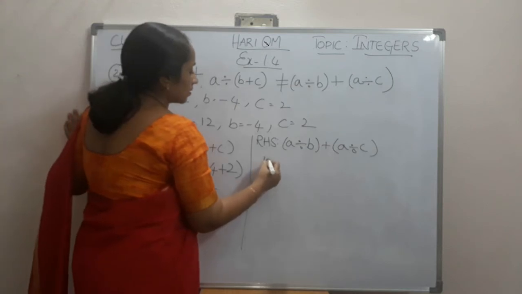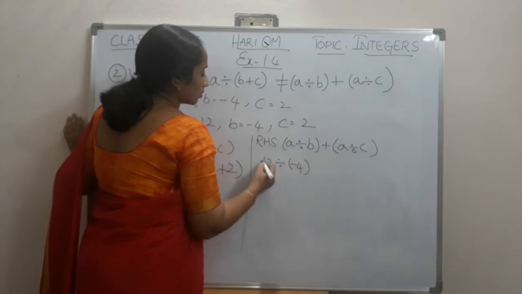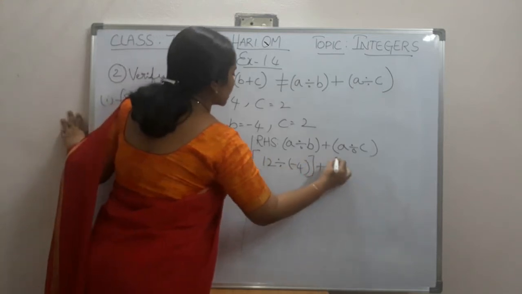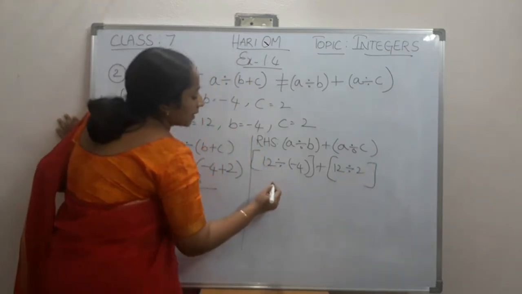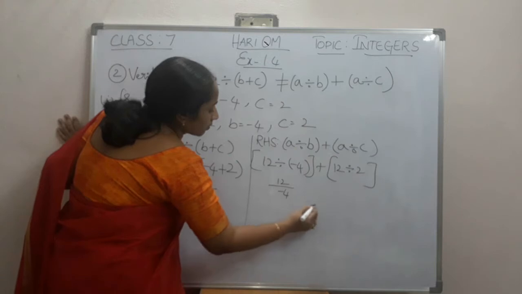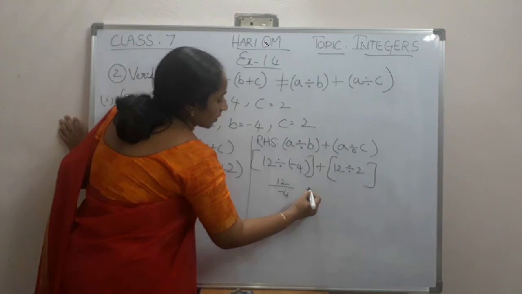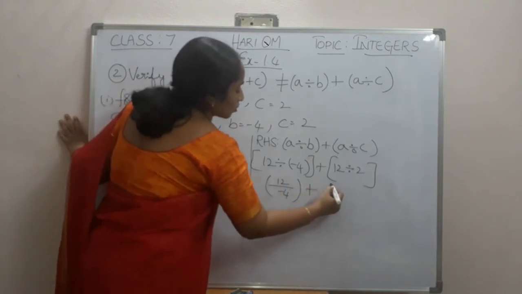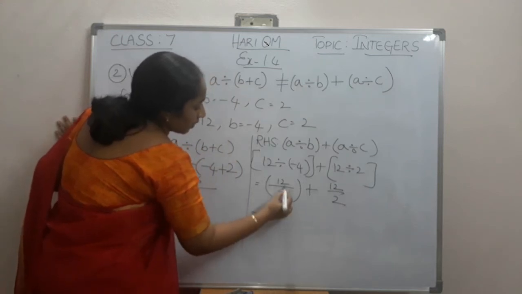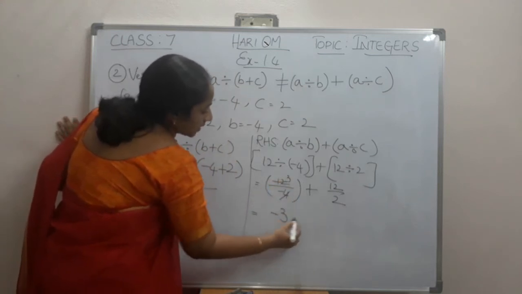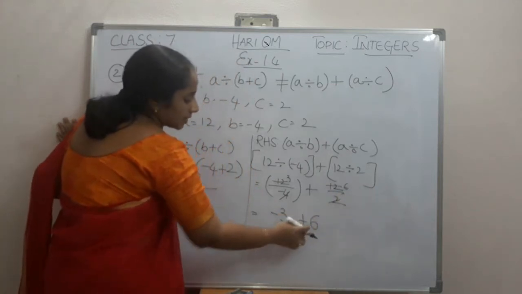It is 12 divided by minus 4 plus 12 divided by 2. 4 threes are 12, so minus 3, and 2 sixes are 12, so 6. Minus 3 plus 6.